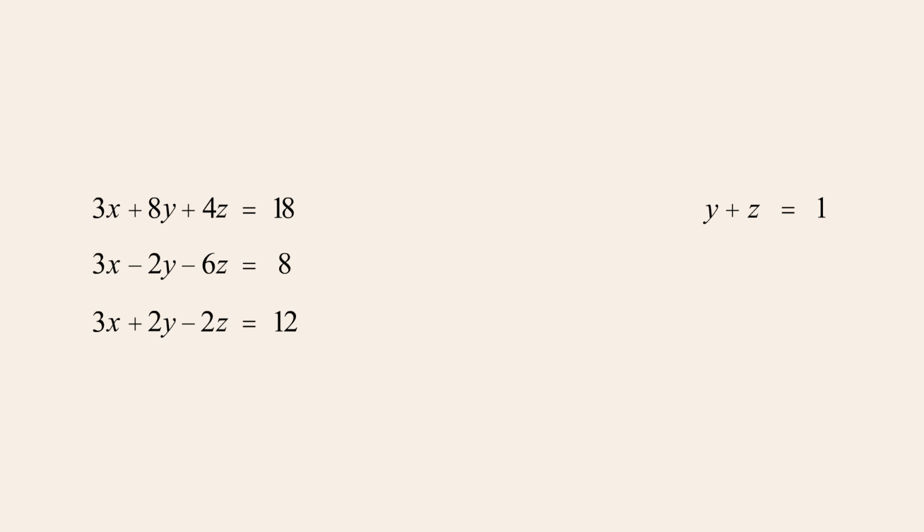We have seen that eliminating x using the first and second equations gives us y plus z equals 1, and eliminating x using the first and third equations also gives us y plus z equals 1. Will we always get the same result no matter which pair of equations we choose? Let's see what happens if we use the second and third equations to eliminate x.